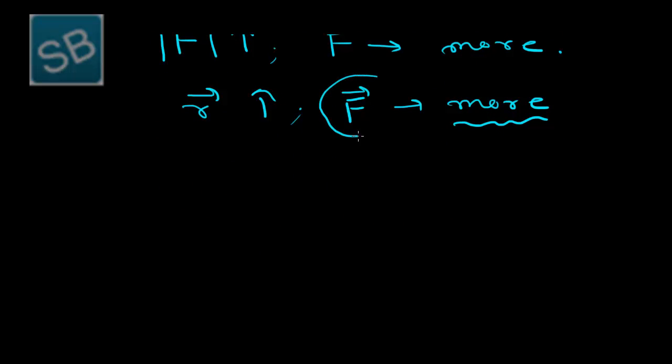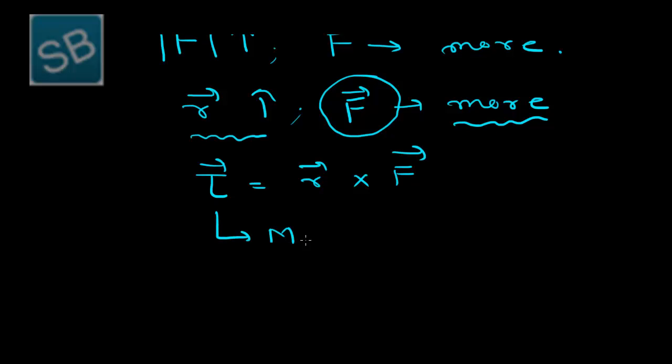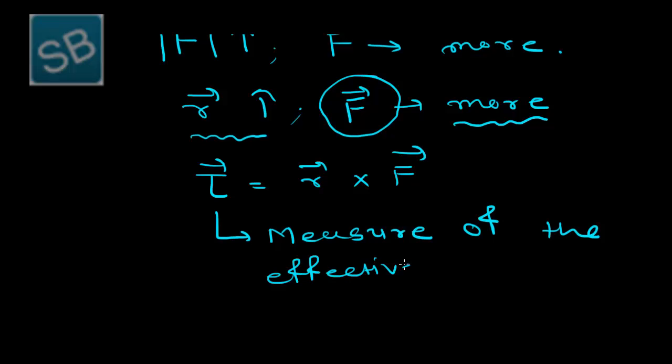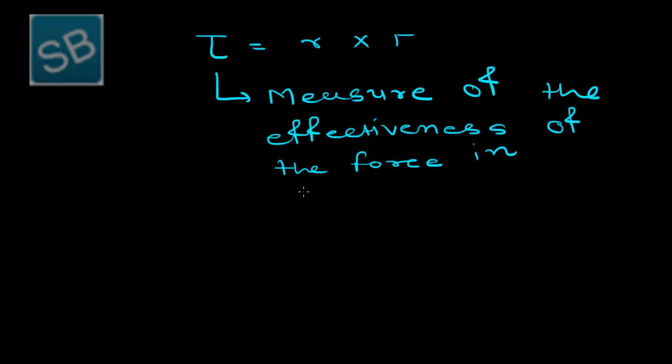But you should not consider that only force is responsible; in addition to that, this position vector is also meaningful, and hence we write tau is equal to R cross F. So torque is the measure of the effectiveness of the force in producing the rotational motion.